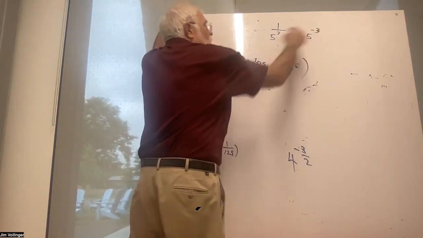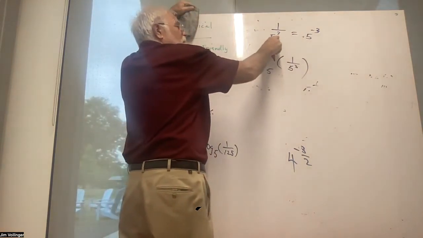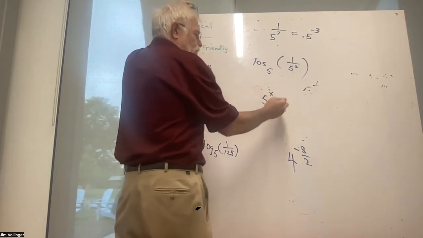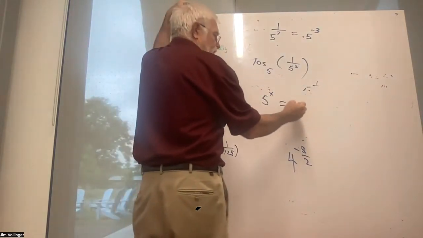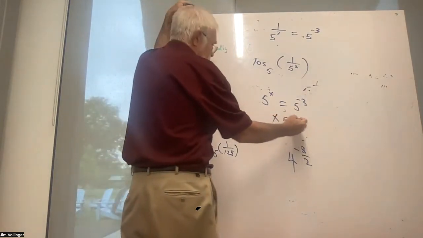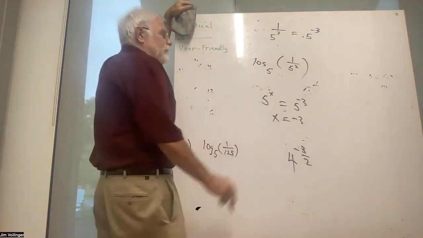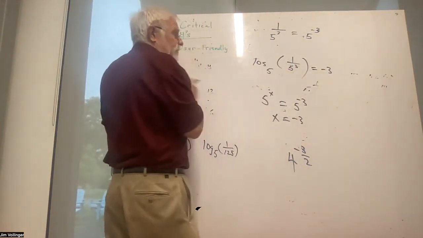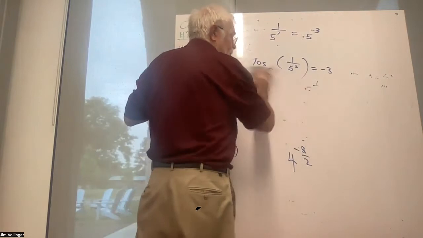That -3 represents that you're cubing the number 5 in the denominator. So what is the exponent that you put on top of 5 to get 5 to the -3? Well, sure looks like -3. So that's that answer. That's the exponential activity involved in that problem.